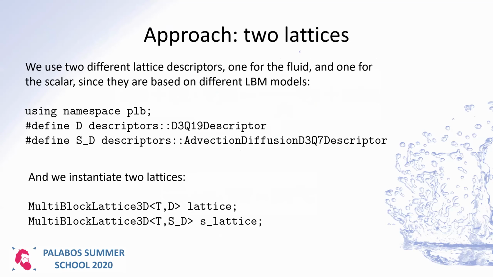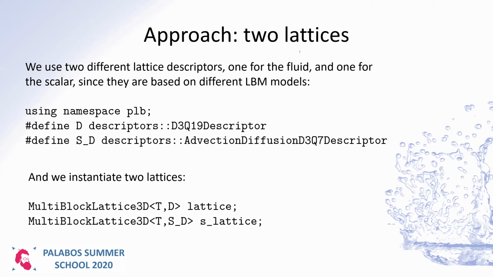To do this, we will need 2 lattices because we have to solve 2 equations, and also because the data allocated for every one of these is not the same. For the fluid, we are going to use D3Q19. Actually, in the examples, we are going to move to a 2D case because I find it easier to quickly have results and look at them in a 2D case.